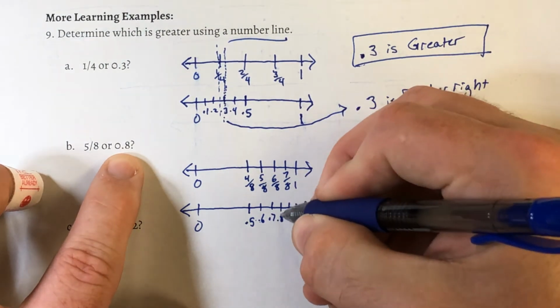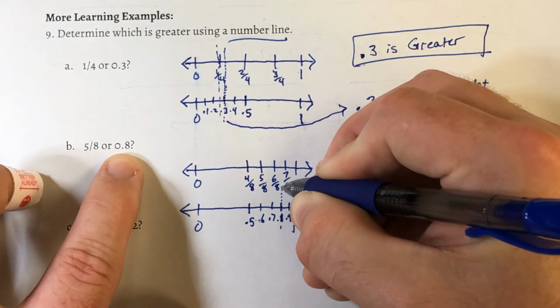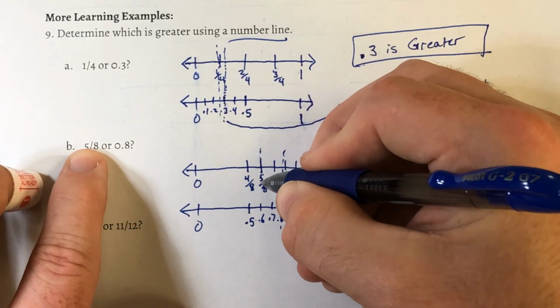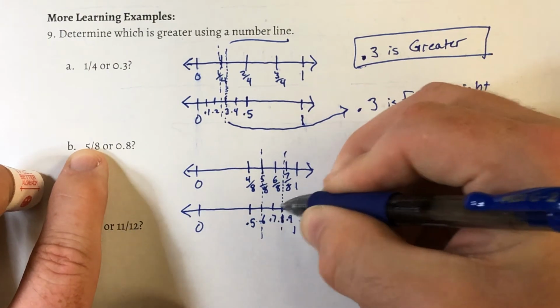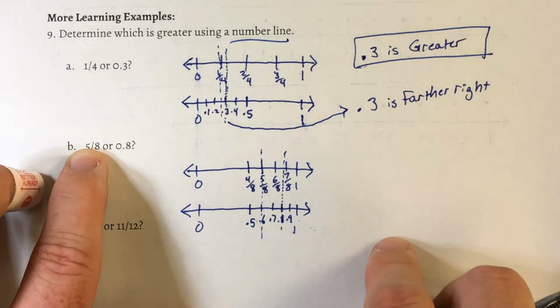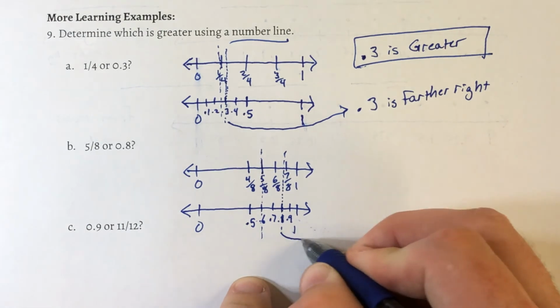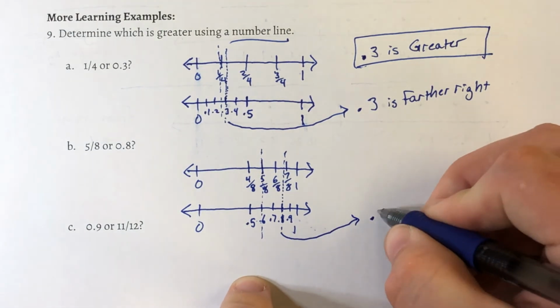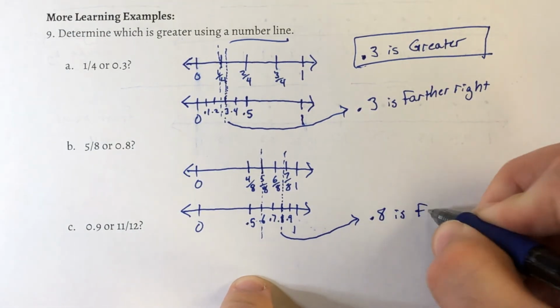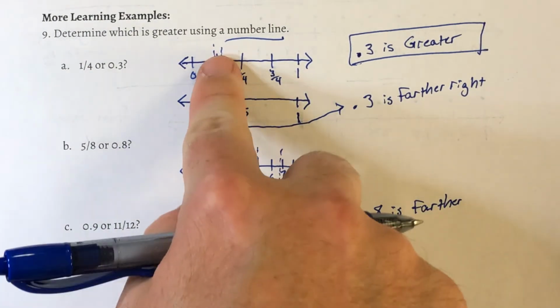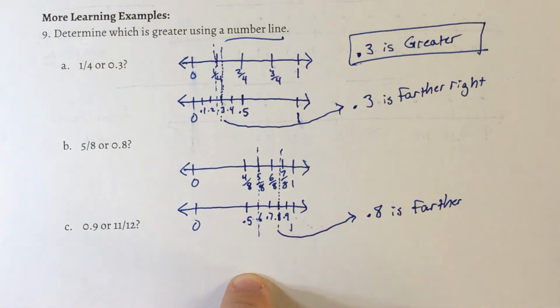So let's see what it looks like. 0.8 is right here. 5/8 is way over here. So even though our spacing wasn't perfect right here, it's good enough. We can see that 0.8 is clearly farther to the right. If it was closer like this, we might have an issue and we might need to redraw our number line.